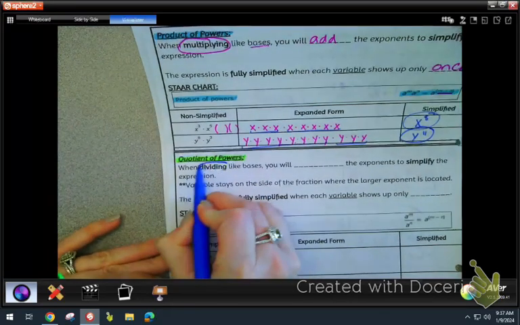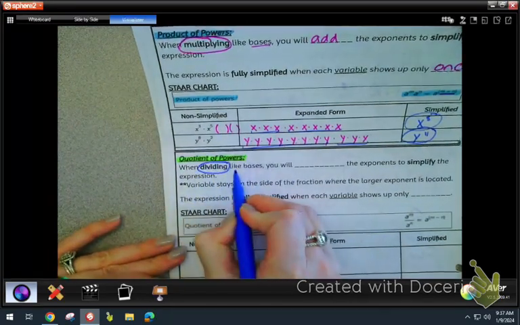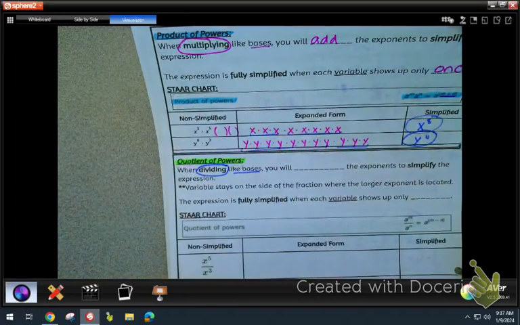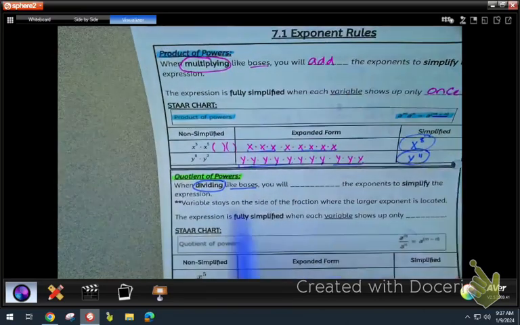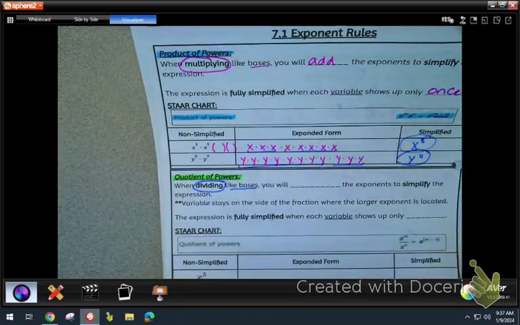When dividing, again, you have to have like bases. So we're still paying attention to the letters. We can only work within the same letters. Now, dividing is the opposite of multiplying, correct? So your exponent rule when you multiply is to add. What do you think your exponent rule will be when you're dividing? Subtract.